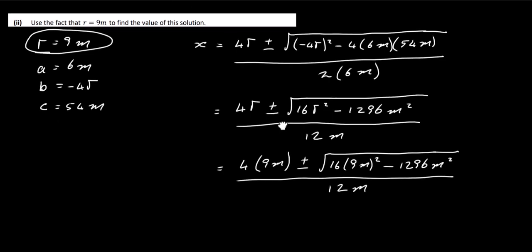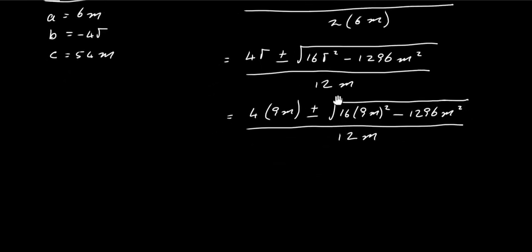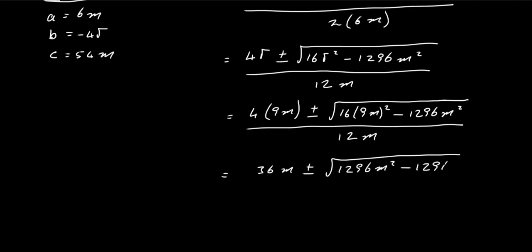Now you kind of got to realize here as well that everything underneath the square root should become 0. So let's see, does it? So we've got 4 9s, 36m, plus or minus the square root of, well, if you square 9 you get 81, and multiply 81 by 16 you do get 1296m squared minus 1296m squared.